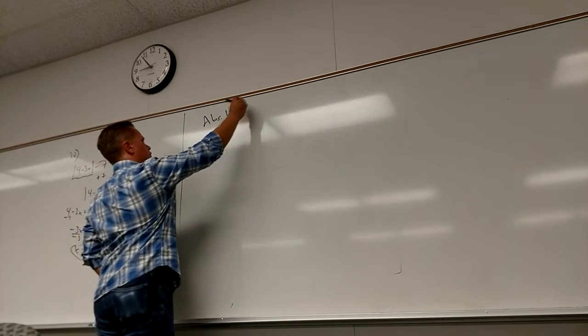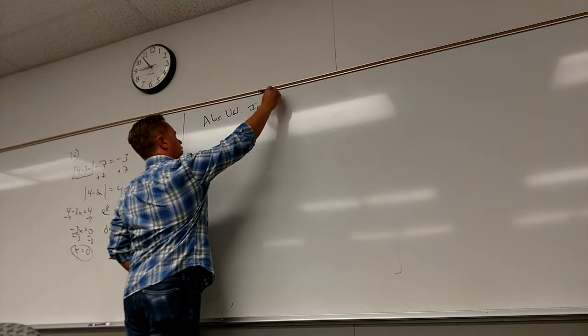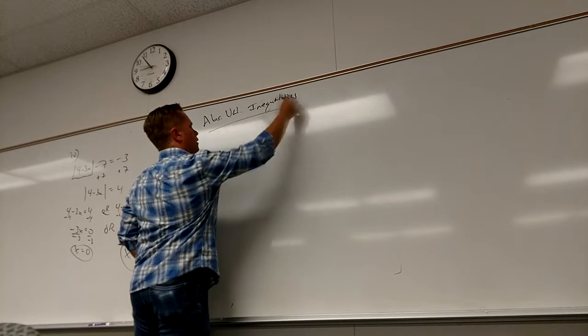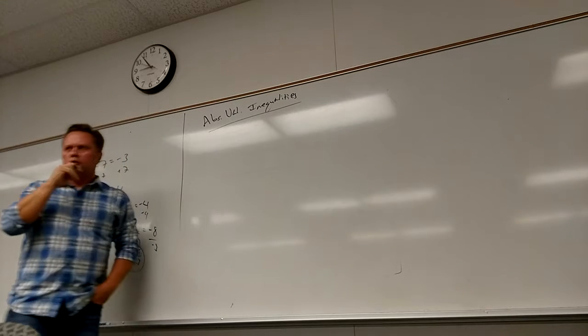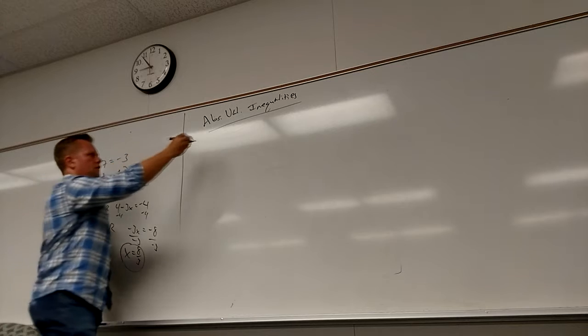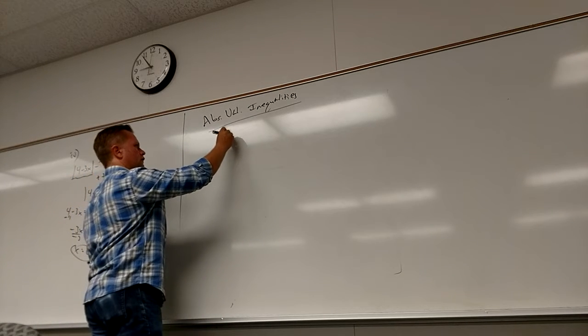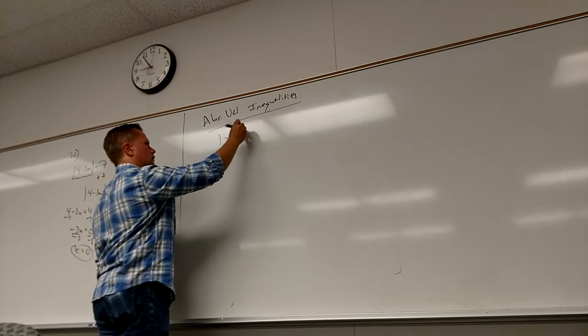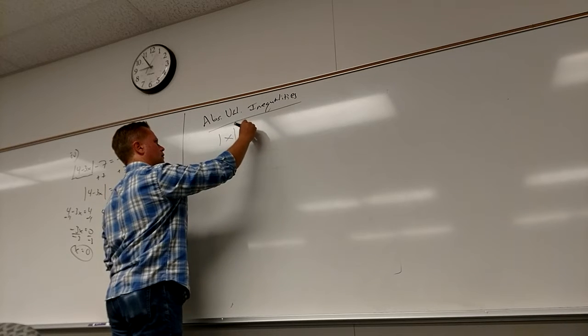Absolute value inequalities. This is going to be more difficult because, for example, let's try to look at one visually to start with, like we did earlier. Let's just do a very, very simple idea.